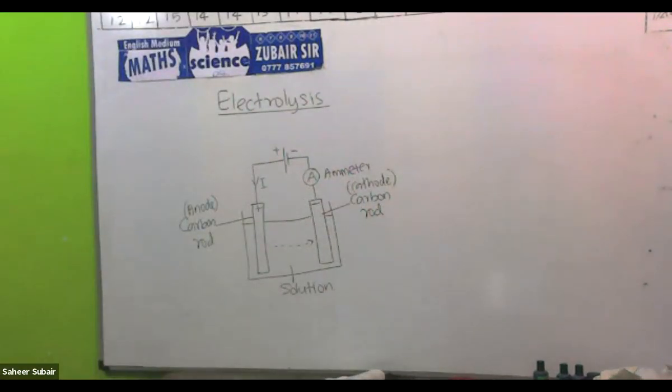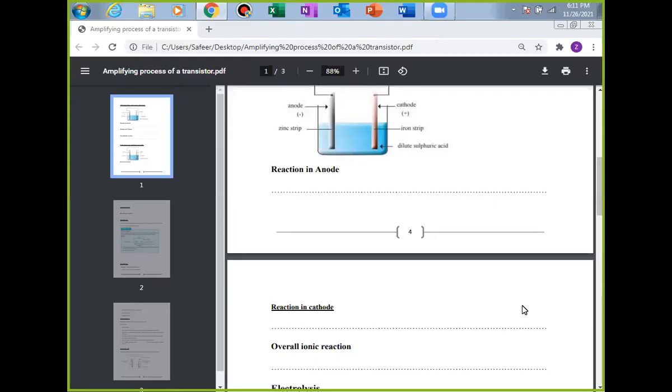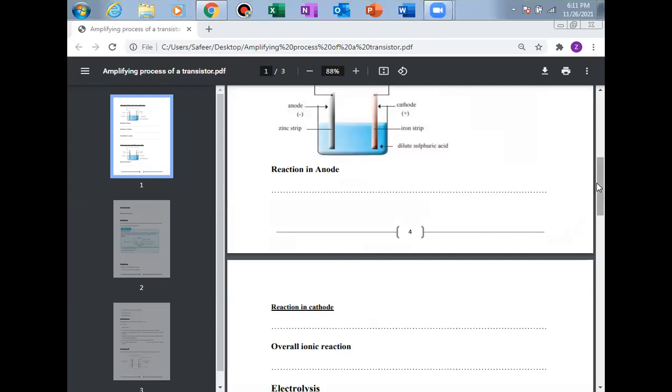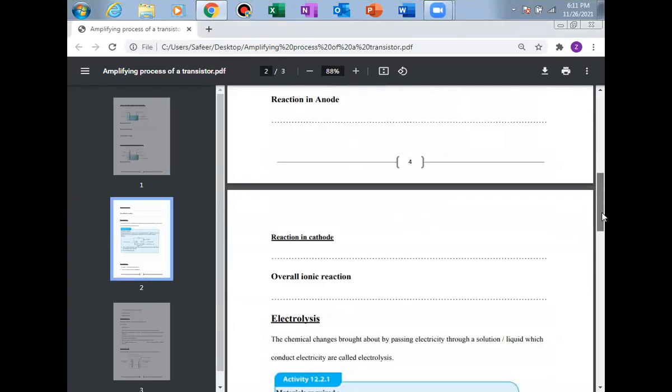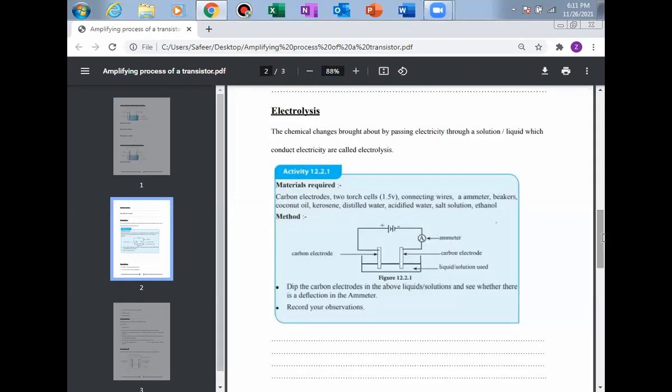So passing current through this system is called electrolysis. See, it is given like this. The chemical changes brought about by passing electricity through a solution or a liquid which conducts electricity are called electrolysis.